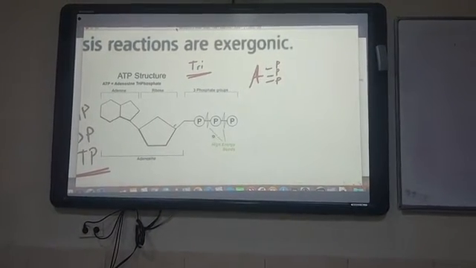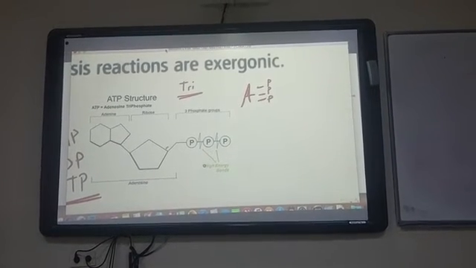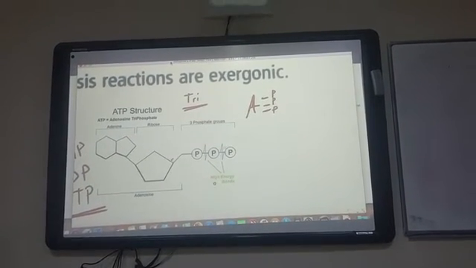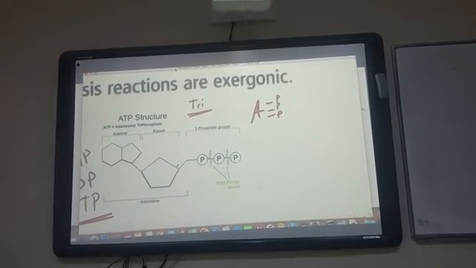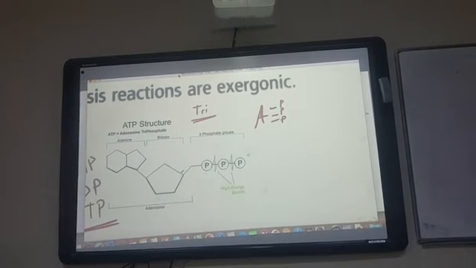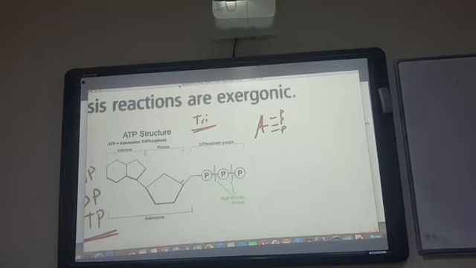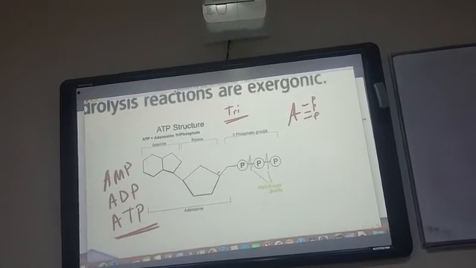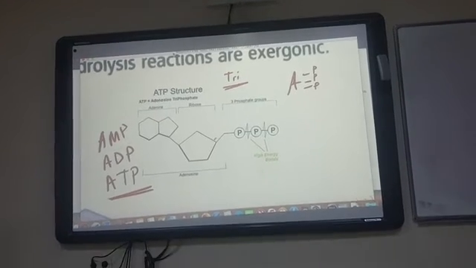When our body needs energy, these phosphate bonds will be broken down, and energy is produced when these bonds are broken down. There's a question about this part.